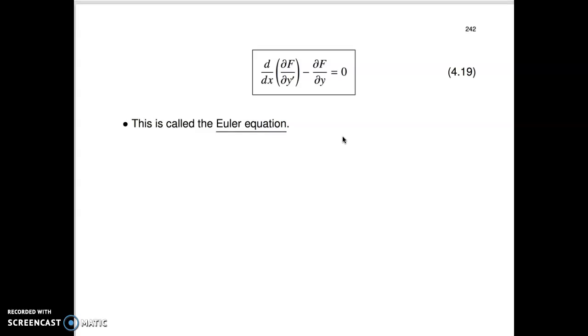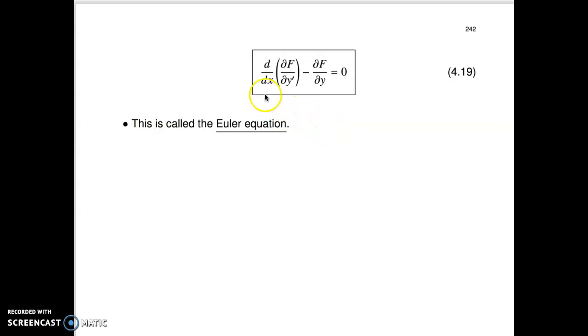Okay, so what we have done is we have done the following. We've started with one problem and replaced it with a different problem. Both of these problems have the same solution.